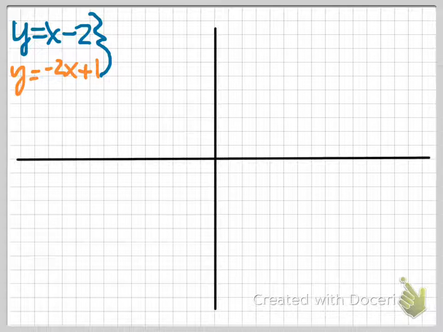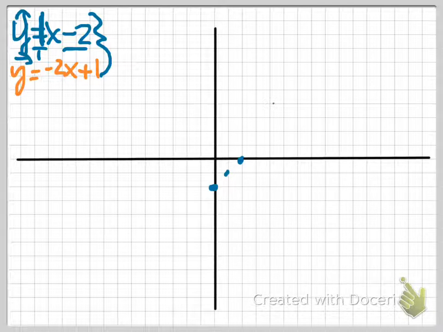Let's go back to what we know about this. There's a 1 in front of this x, so we're saying 1 over 1, and remember, you're going to start at negative 2 on the y-axis. Starting at negative 2, my slope says I'm going to go up 1 over 1. Go ahead and make some extra dots and keep continuing that line because you never know when that's going to be important.